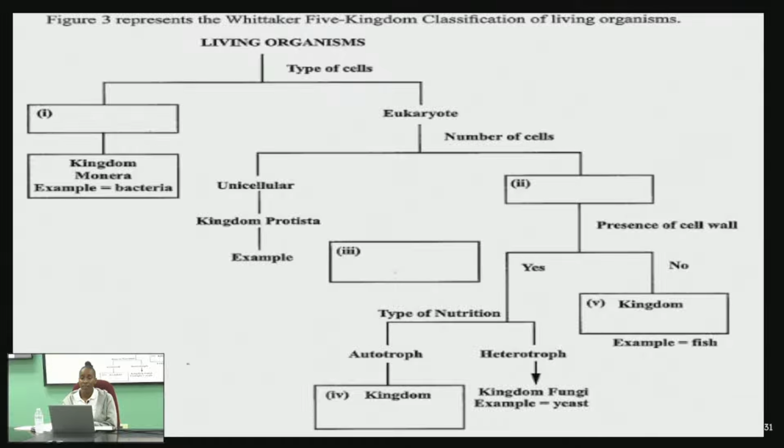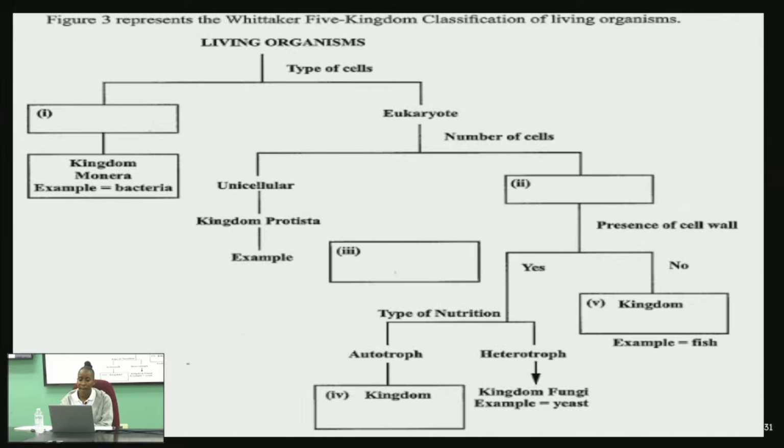So we're asked to fill this in, which would be multicellular. Then under unicellular, we see the kingdom Protista, and then it asks for an example which we are supposed to fill in, which would be protozoa. So III would be protozoa.